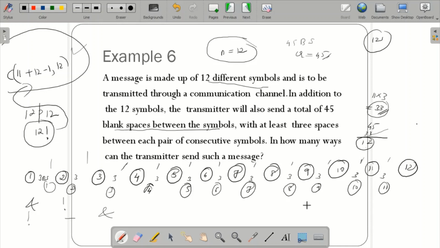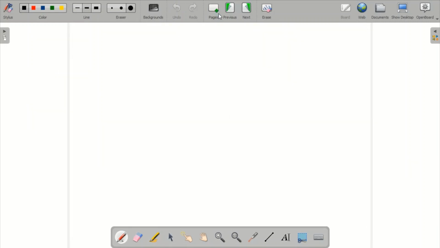So regarding how to write this particular solution, we'll write in the next page. Okay, so here write down the solution as: the 12 symbols can be arranged in 12 factorial ways.